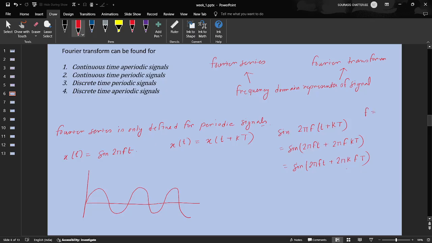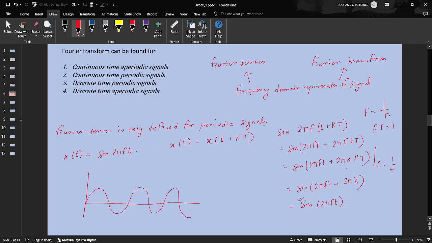So when f is equal to 1 by T, or fT is equal to 1, what we obtain is just sin(2 pi f t plus 2 pi k). And what is that going to be? It's sin(2 pi f t) again, because it's just an integer multiple of 2 pi, whether it's minus or plus, it doesn't really matter.